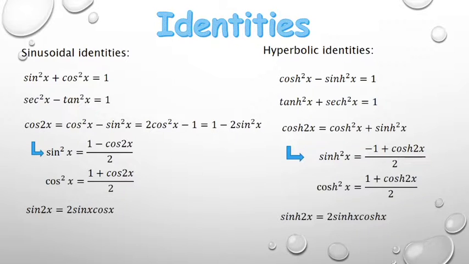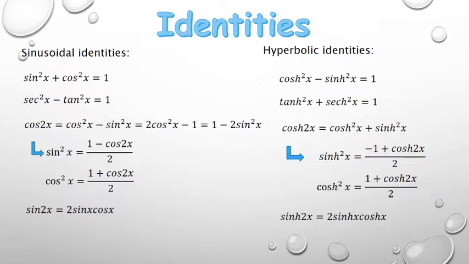Therefore, 2 cosine square x minus 1 equals 1 minus 2 sine square x. Therefore, sine square x equals (1 minus cosine 2x) over 2, and cosine square x equals (1 plus cosine 2x) over 2. And sine 2x equals 2 sine x cosine x.